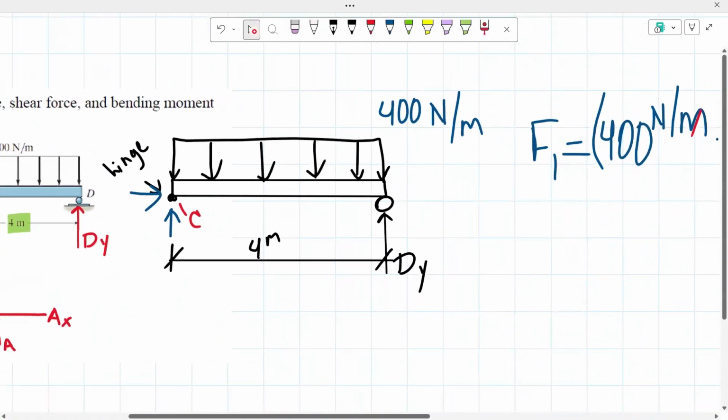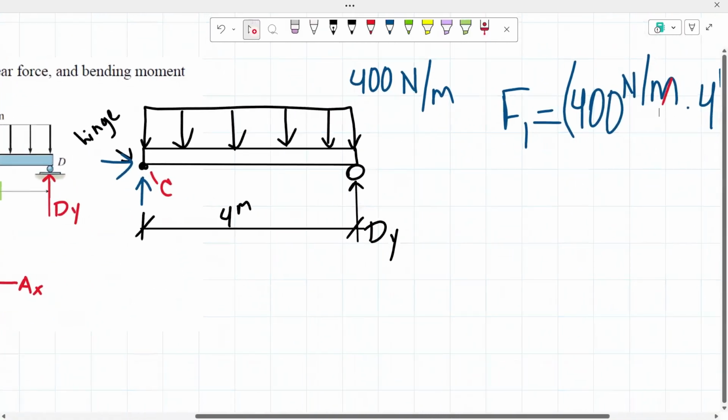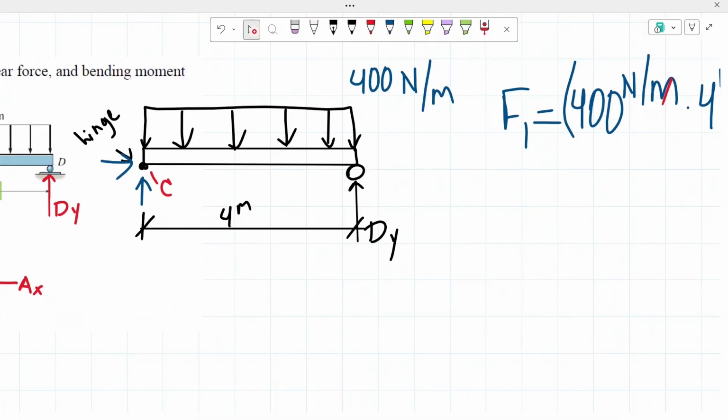The location of this concentrated force is going to be right at mid-span of the whole distributed loading, since it is a uniform loading. That's why we know it's going to be found right in the middle.